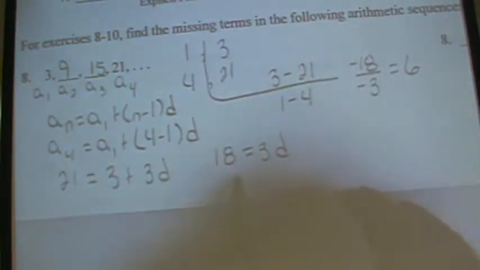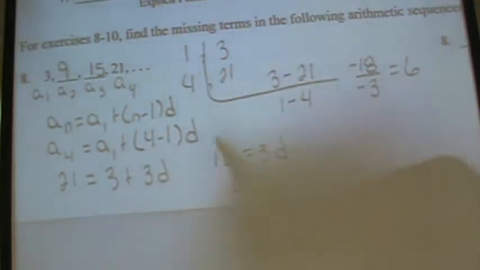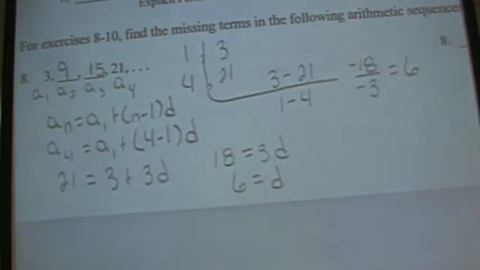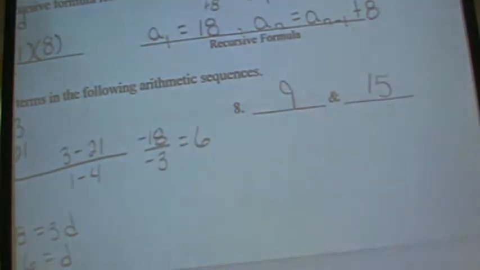Divide by 3, 6 equals d. So you get the same common difference, whichever way you choose to do it. And then you'll get 9 and 15. So number 8 should be 9 and 15.